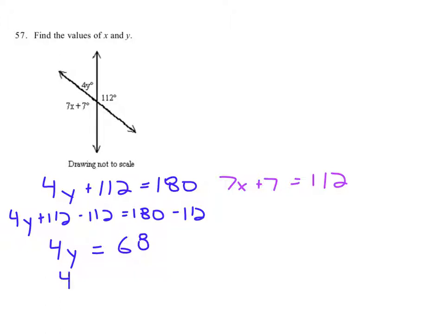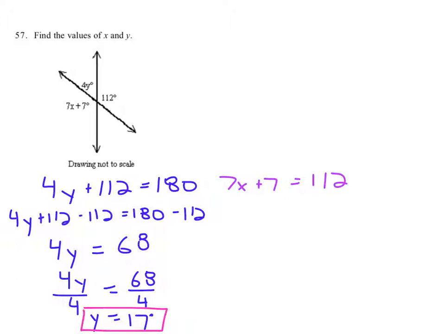And of course, I need to undo what's happening to y. It's being multiplied by 4, so I do the inverse operation divided by 4, and I get y equal to, and let's see, 60 divided by 4 is 15, and 8 divided by 4 is 2, so 15 plus 2 is 17, so y equals 17 degrees. That's the first answer.